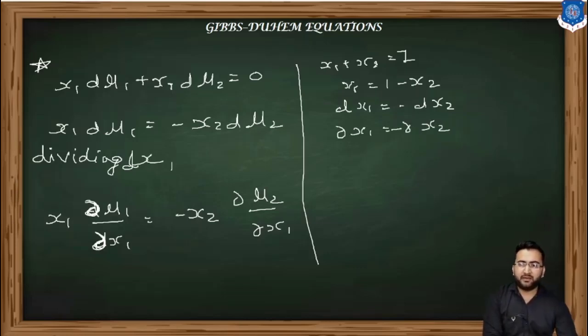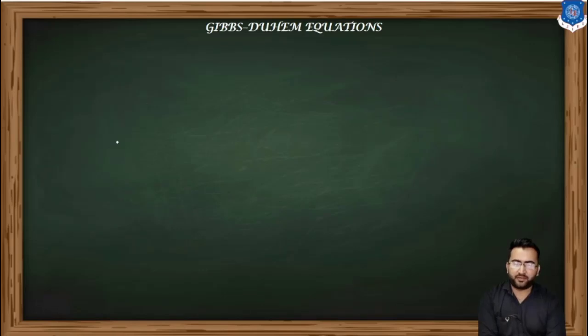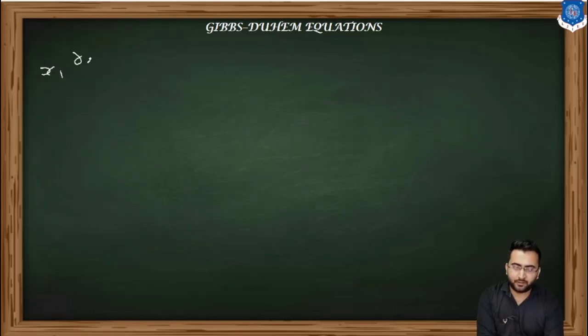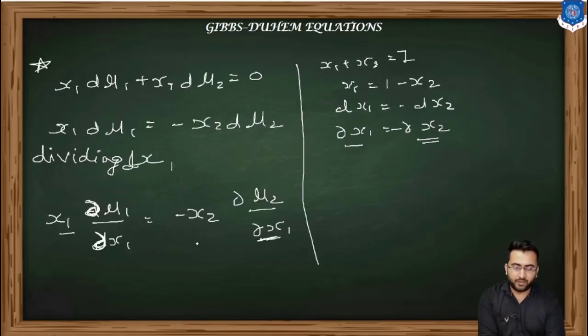Replacing del x1 with minus del x2, this equation becomes x1, as it is, del mu 1 upon del x1 is equal to minus x2 into del mu 2 upon del x1.